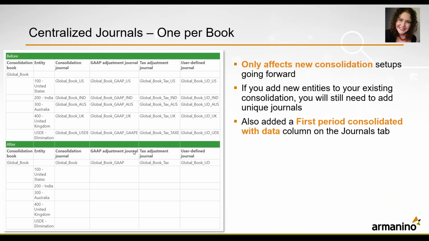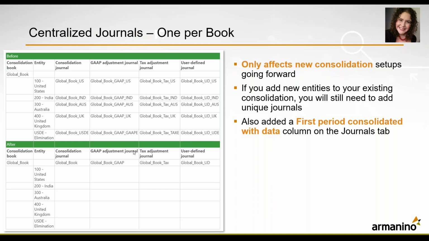If you add new entities to your existing consolidation, you'll still need to add in a set of unique journals for that entity because it's set up under the old consolidation setup. Historical consolidations are preserved as is, and nothing will change on those in the future, is what they're telling us now. The other nice enhancement is that they've also added a first period consolidated with data column on the journals tab.